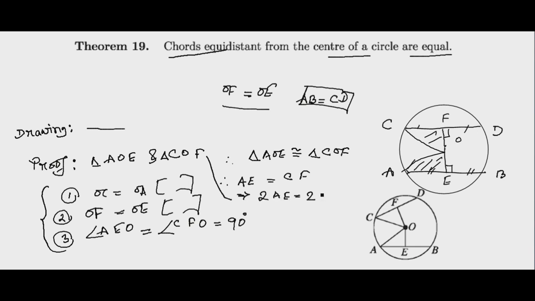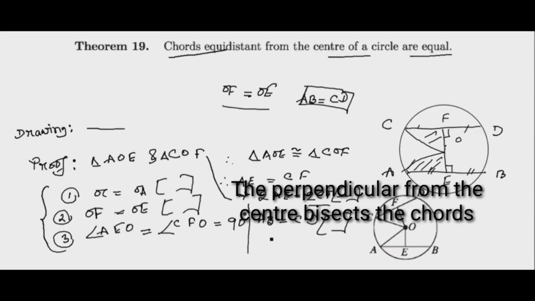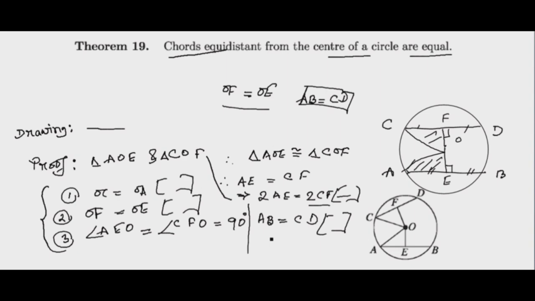If we multiply both sides by 2, we will get 2AE is equal to 2CF. Instead of 2AE, we can write AB, and instead of 2CF we can write CD, and this is because we know the perpendicular from the center bisects the chords, and this is our final proof.